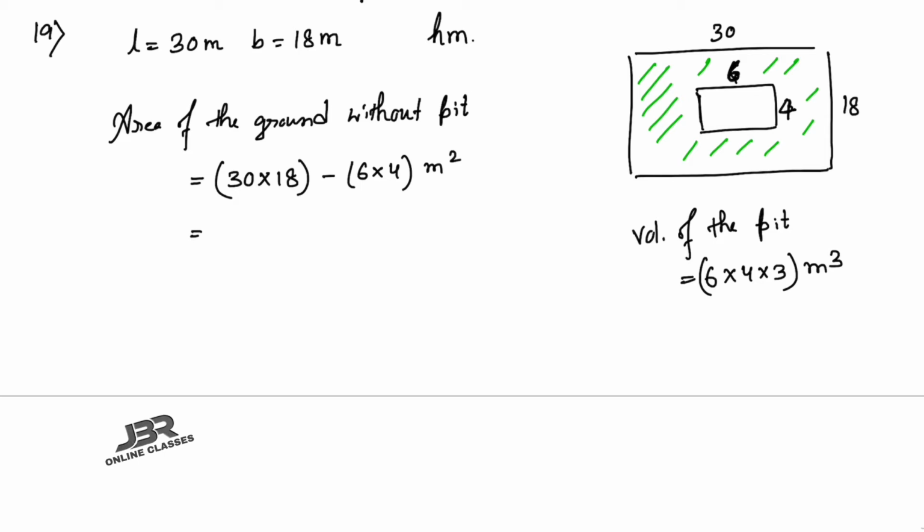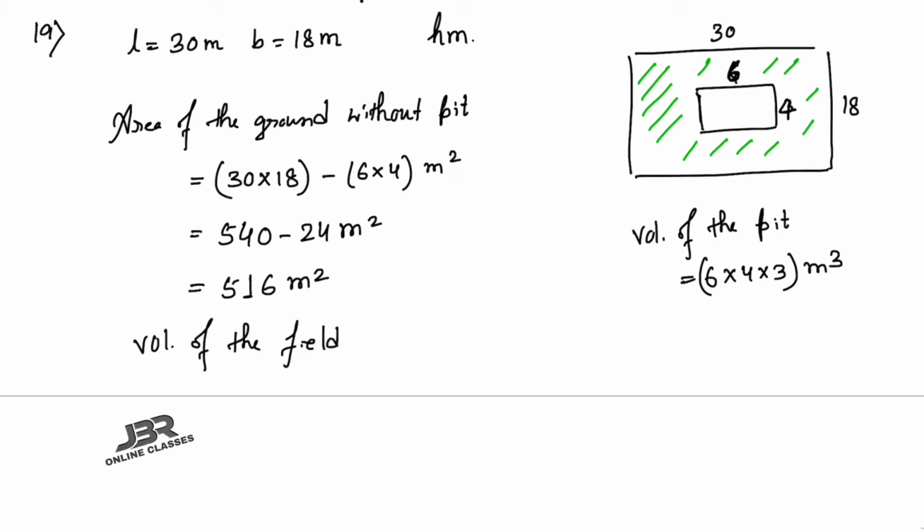So 30 into 18 is 540 and minus here 24 meter square. So 540 minus 24, so you have to subtract this one here. So it's 516 meter square. So now the volume of the field or ground, that one equal to 516 into h meter cube.